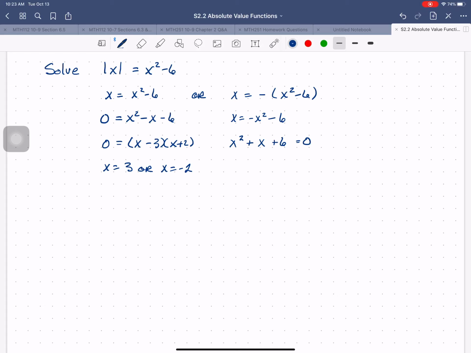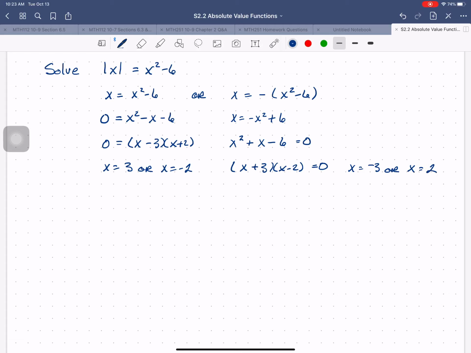Actually, I think I messed that up. Oh, I did mess that up. Look, there's a plus there, which means that needs to be minus. Now he factors. So he factors now as x plus 3 times x minus 2 equals 0. So x equals negative 3 or x equals 2.